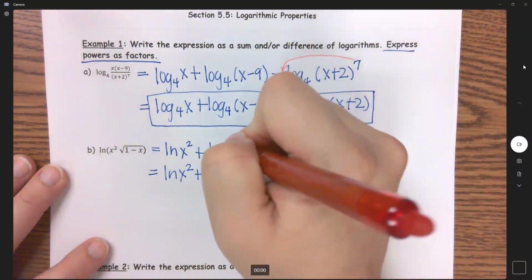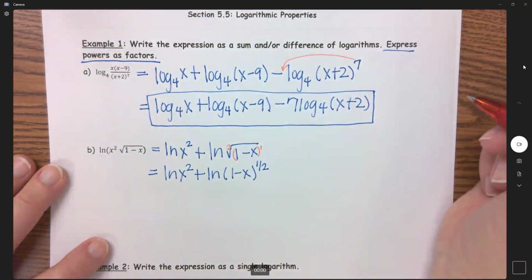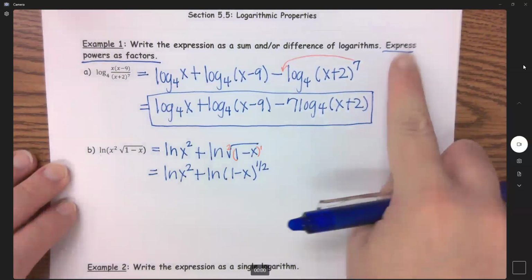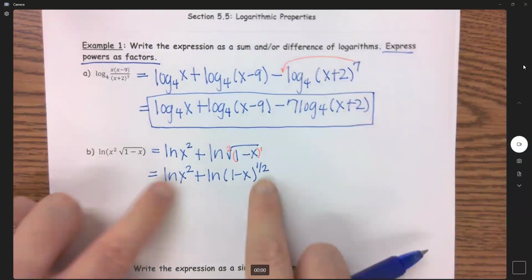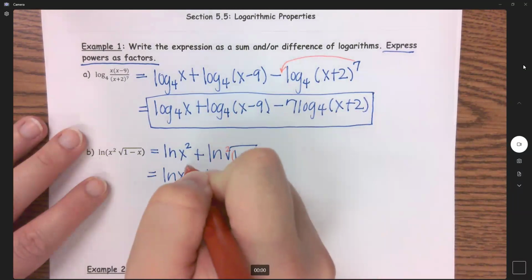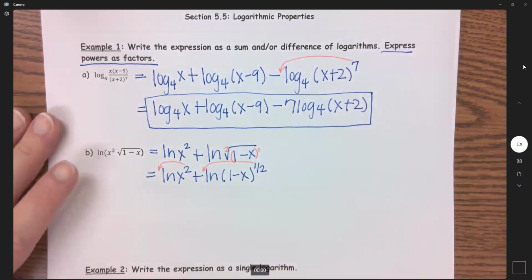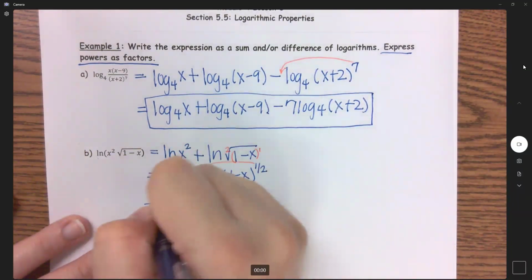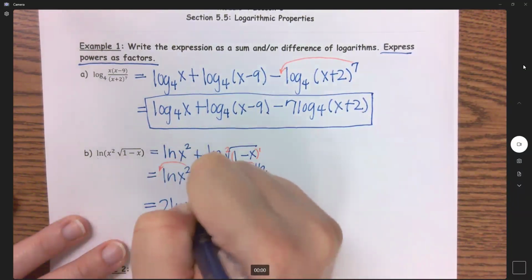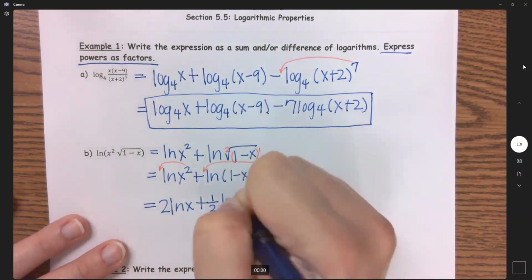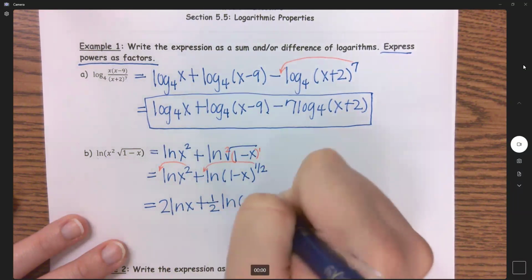And then square roots have an index of 2. So denominator of 2. So now expressing our powers as factors, I'm going to move this 2 in front and this 1/2 in front. So we get 2 natural log x plus 1/2 natural log of 1 minus x.